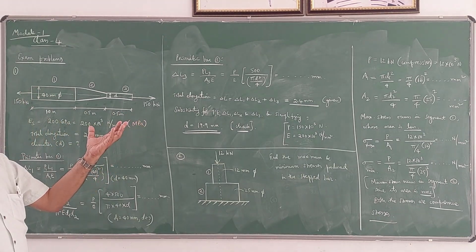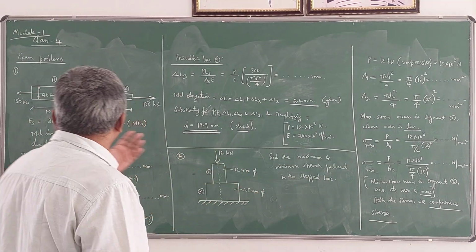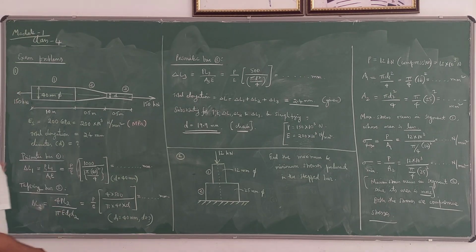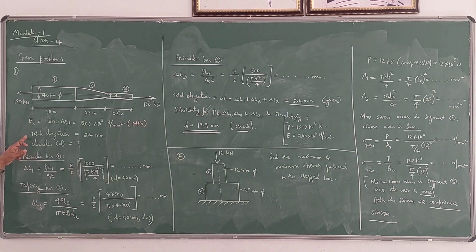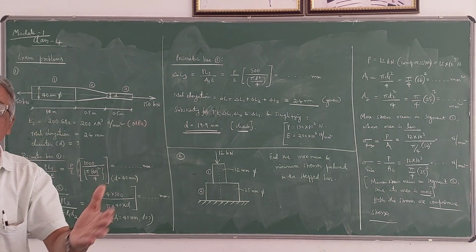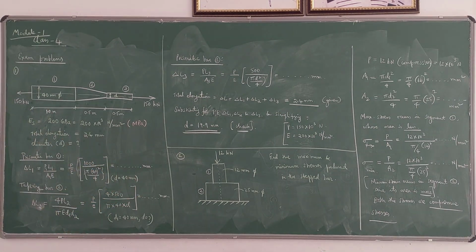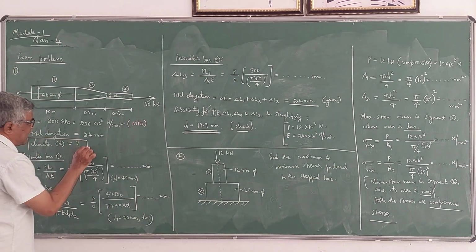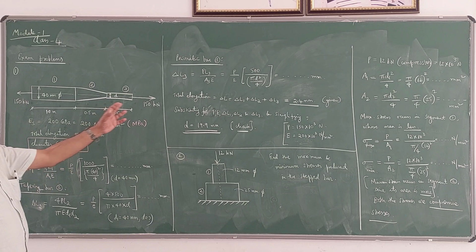So delta L1 is positive, delta L2 is positive, delta L3 is also positive. The entire sum, delta L1 plus delta L2 plus delta L3, is delta L, which is given as 2.4 mm. Then what he has asked is what should be the diameter of this last portion, D.